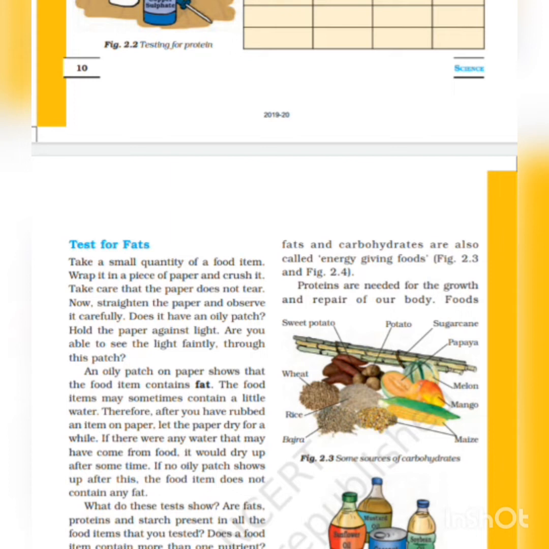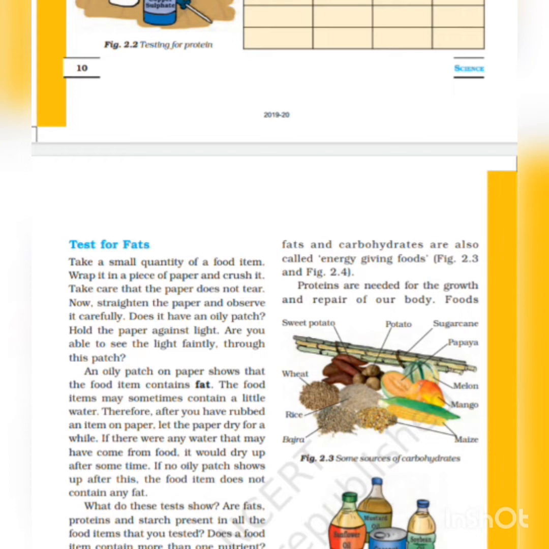It means when you take a food item which contains fat, if you wrap it in paper and mash or crush it, then you will see some oily patch in the paper. The paper will get wet. That means that food contains fat. If it doesn't get an oily patch, then it doesn't contain fat.